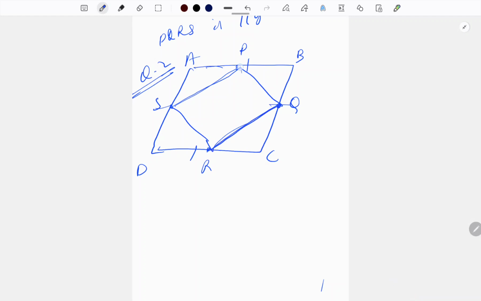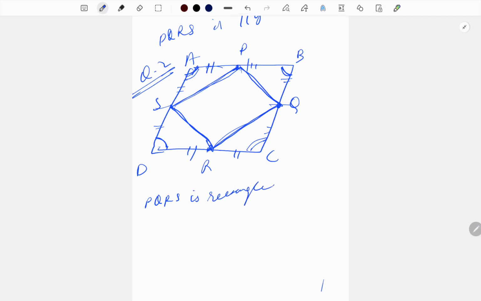So PQRS is a rectangle. These are midpoints, right? So these will all be equal. So this angle is equal to this, and this angle is equal to this. Now what we have to prove here? We have to show that PQRS is a rectangle.